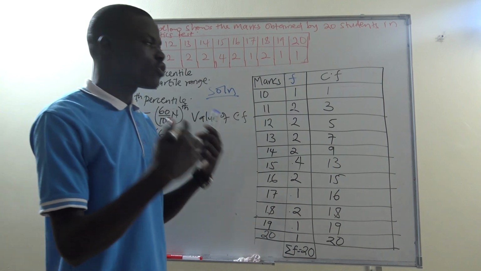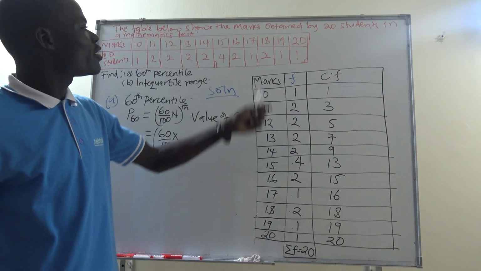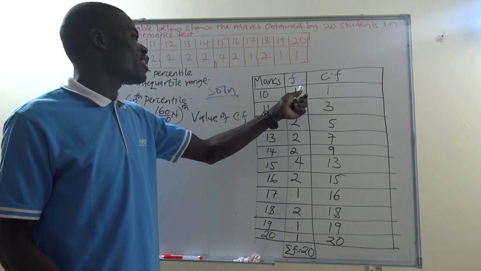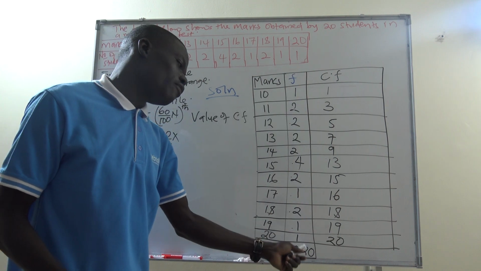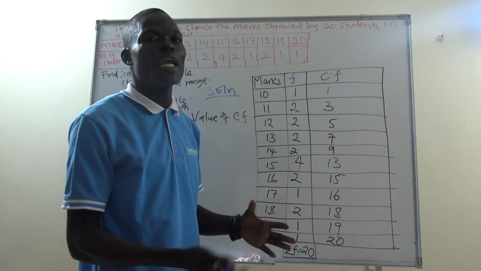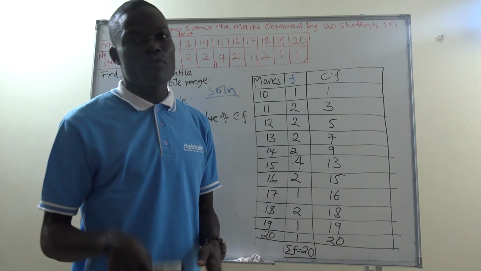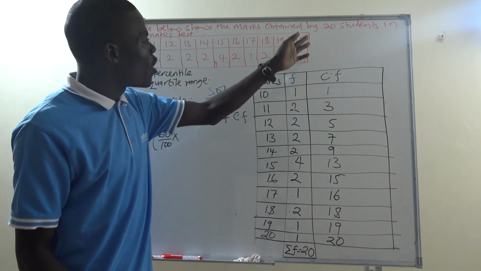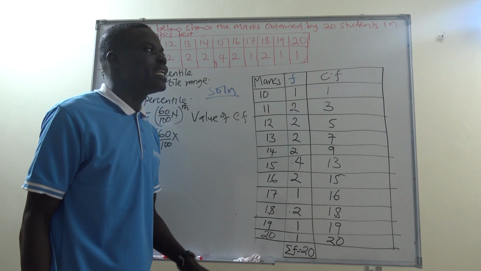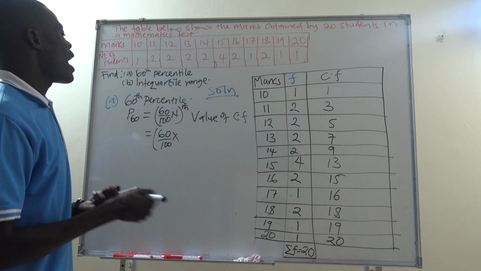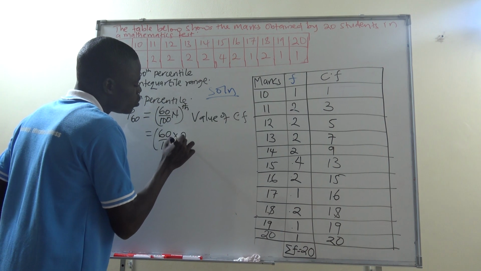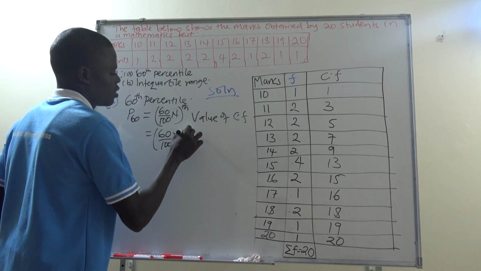So our 60th percentile will become 60 out of 100 times, what is n? N we said is the total number of variables. What is the total number of variables? The total number of variables is the frequency of those learners. Otherwise, they are meaning the total number of students who sat for that paper. So our total number was 20. So obviously our n will become 20.